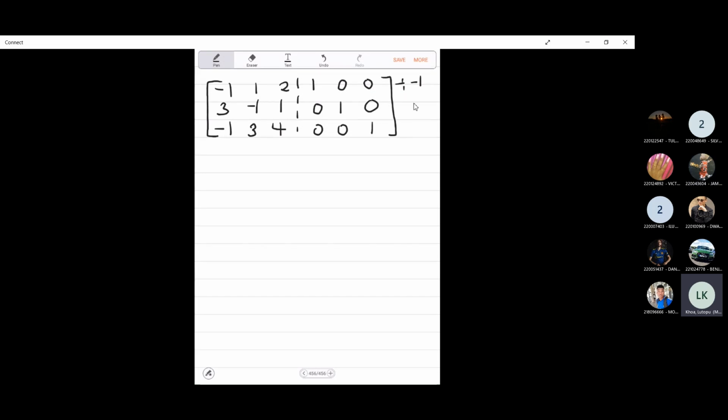And then this one here, I will say this is row 2 plus 3 times row 1. Okay, that's 3 times row 1, so that's before I divide by -1.